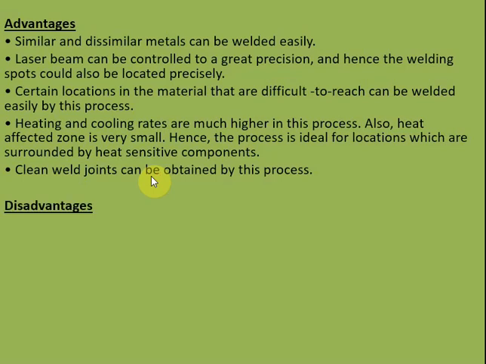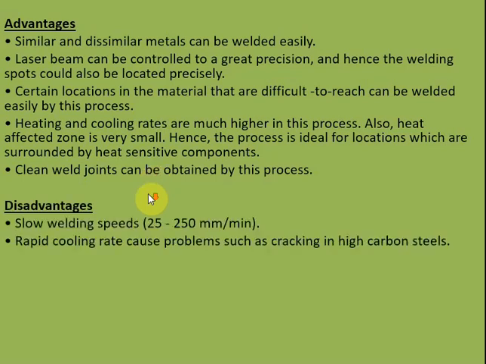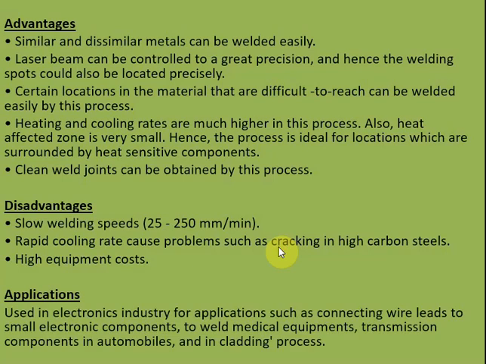Some disadvantages are slow welding speed, a rapid cooling rate that causes problems such as cracking in high carbon steel, and high equipment cost. Applications are in the electronic industry, such as connecting lead wires to small electronic components, welding medical equipment, transmission components in automobiles, and in the cladding process.